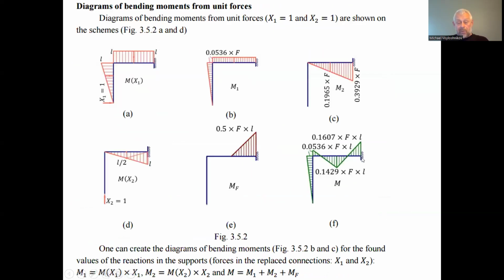On the right side we have 0.1607 multiplied by F by L, minus the magnitude on the left side of the considered segment, 0.1429 multiplied by F by L, divided by 0.5 multiplied by L, the length of the segment of this linear diagram.